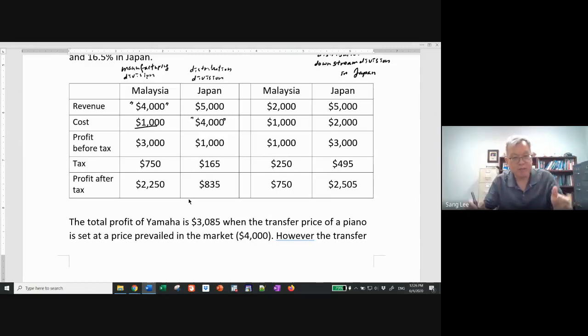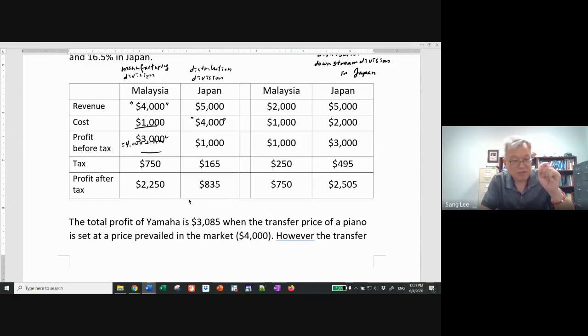So the profit per piano before tax is 4,000 minus 1,000, which is $3,000.